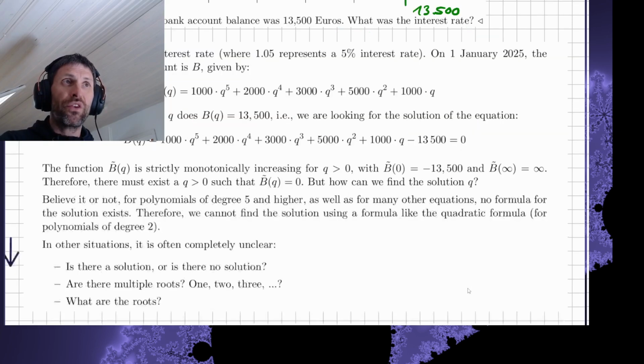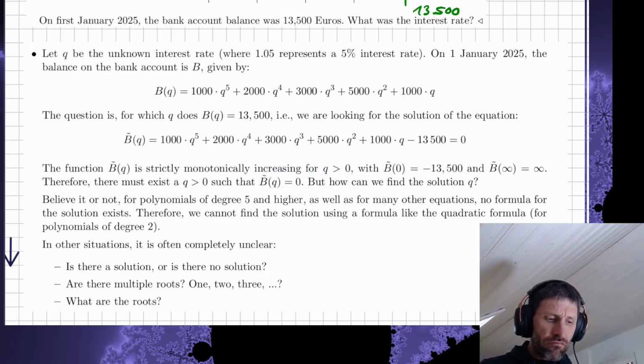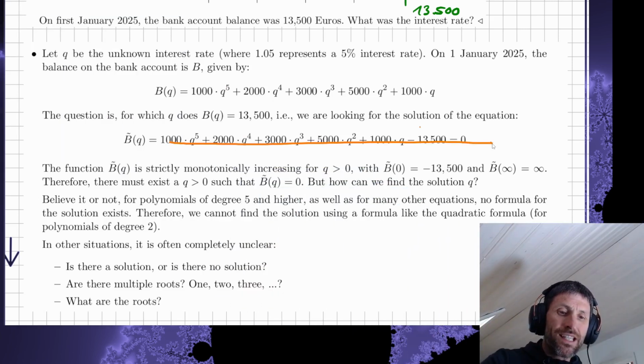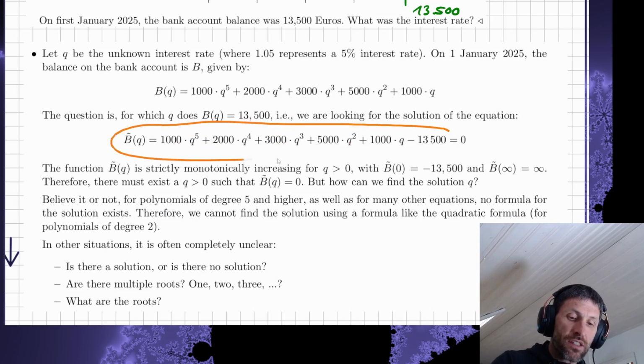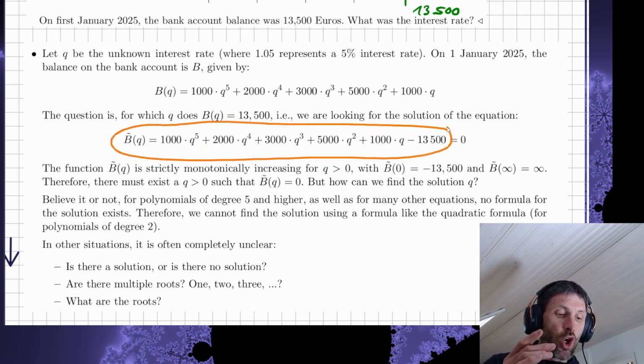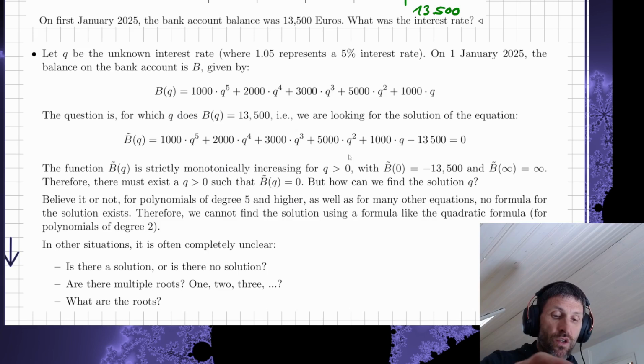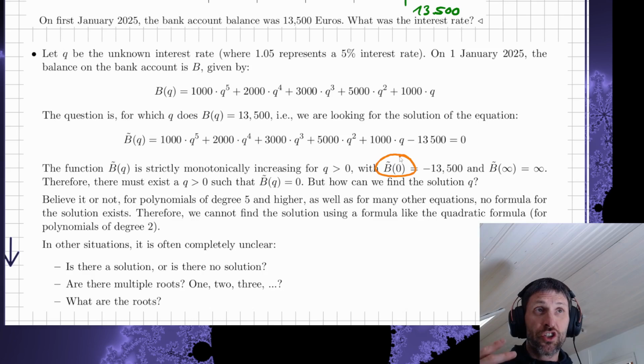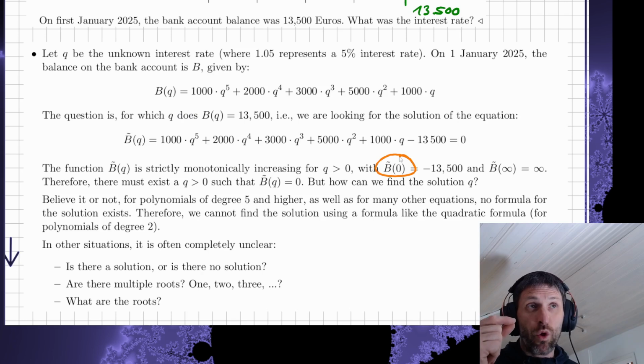Okay, what do we see? We see a polynomial of degree 5. And we see a function which is monotonically increasing for q more than 0. So the situation is: the value of b for q equal to 0 is minus 13,500. The value of b for q equal to 1 is minus 1,500, still negative.